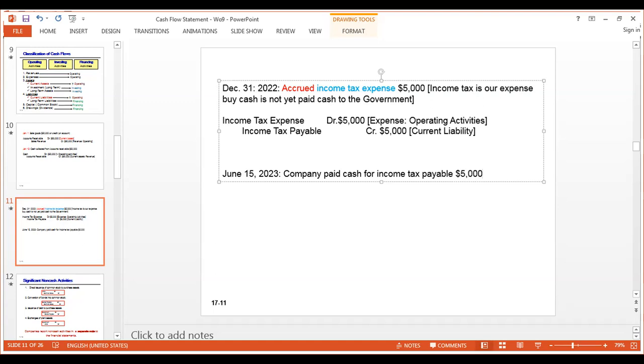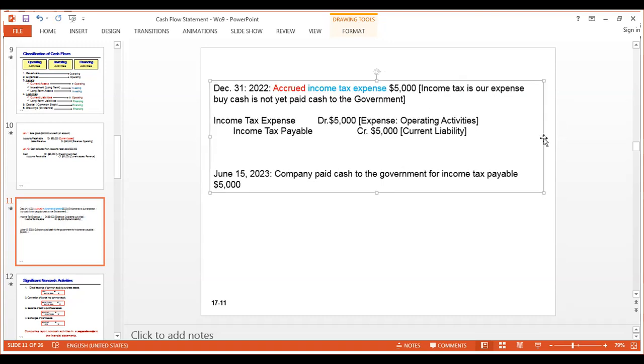So company paid cash to the government for income tax payable. So this is another day.